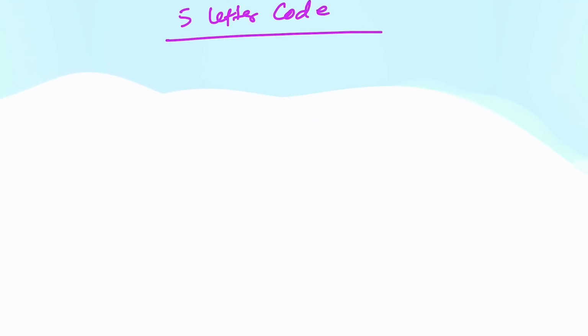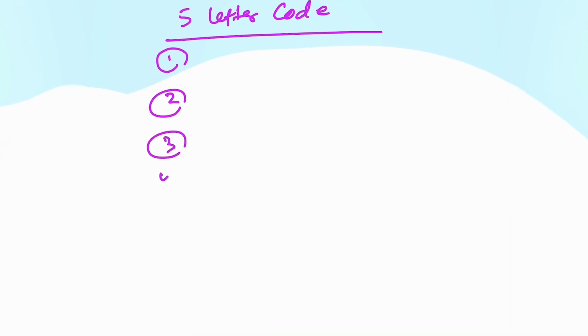So in the five-letter coding system, there are five components: first, second, third, fourth, and fifth.